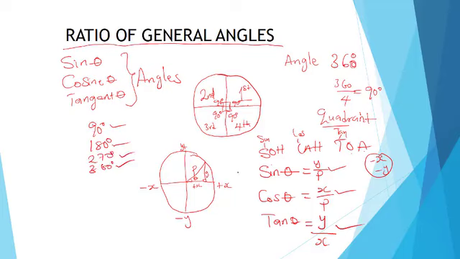So with this analysis, we'll see that sine, cosine, and tangent of angles that fall within the first quadrant always assume a positive value. That is to say, from sine 1 degree to sine 90 degrees, the value is positive.